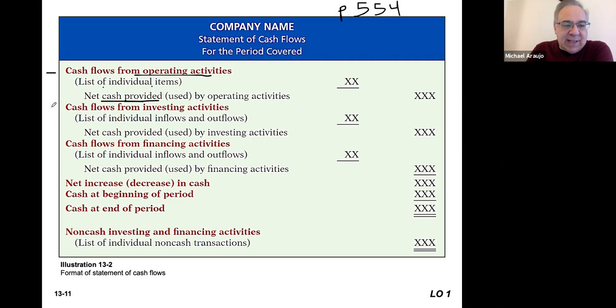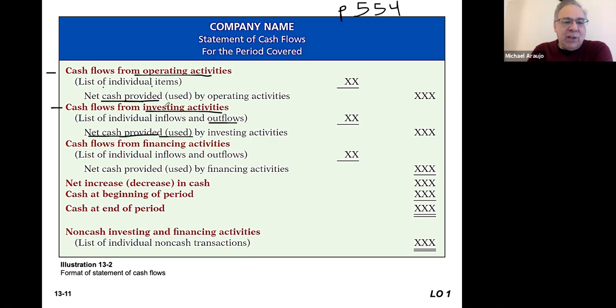The second thing that's listed is all the cash flow from the investing activities. Again, cash flow is listed, cash coming in, cash going out. You're either going to get more cash coming in than out, which is cash provided, or more cash going out than in, which is cash used.